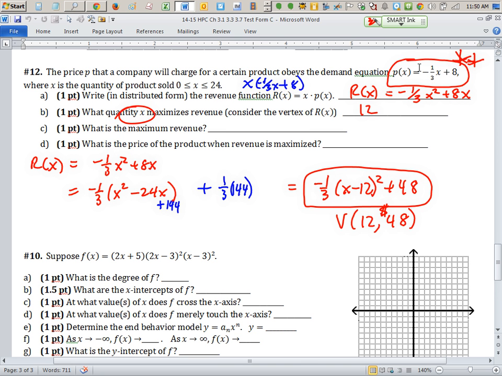What is the max revenue? $48. Watch this question. What is the price? $4. Why? Because x times p is r. x times what is 48? 4. Or you can take 12 and plug it into the price function because they asked for the price.